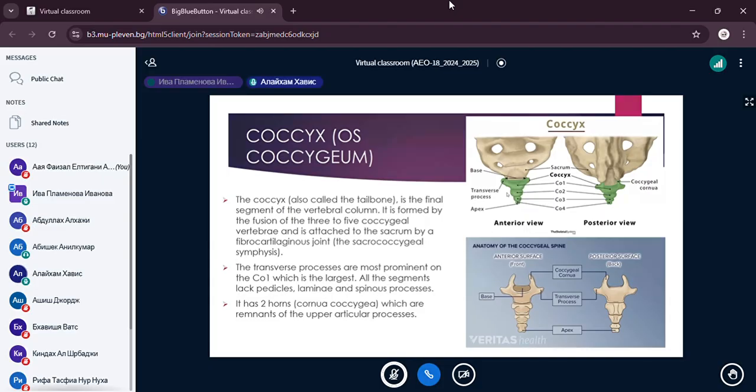That's why it's most often 4 vertebrae, but they can be from 3 to 5. Also, the CO1 can be separate from the other vertebrae. It's different. But this is the most common. There are many variations of this bone. So the most common is 4 vertebrae which are fused. Okay, thank you.